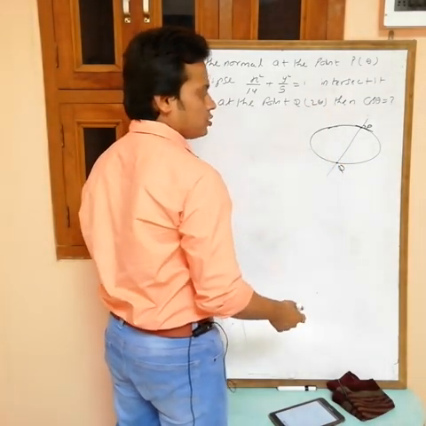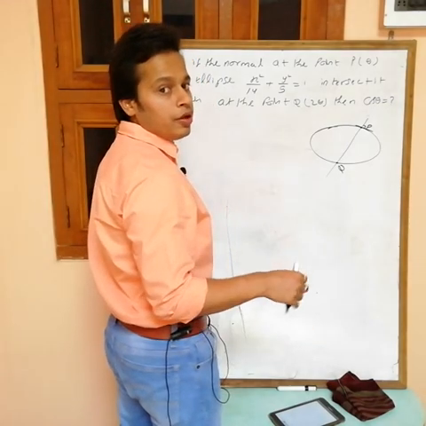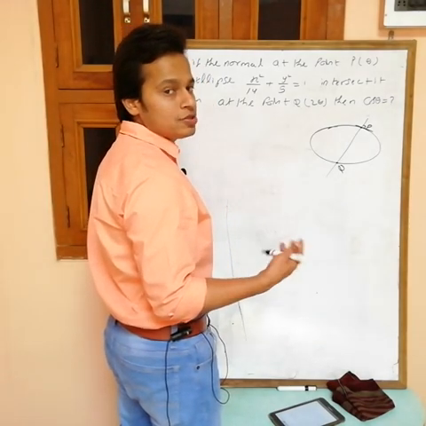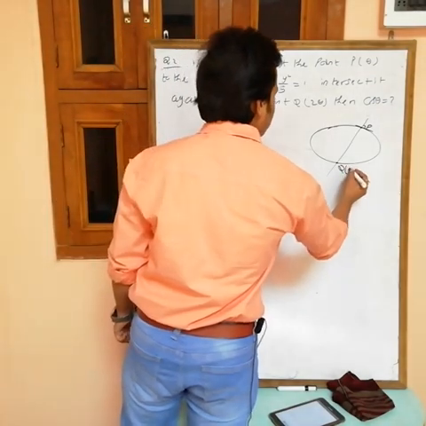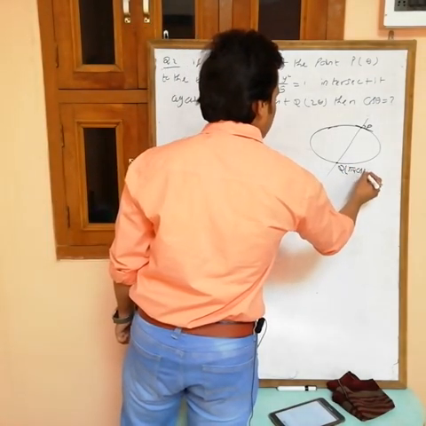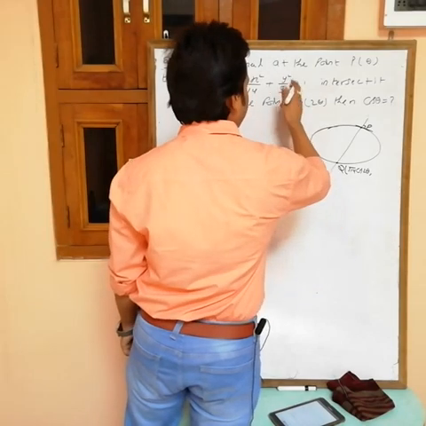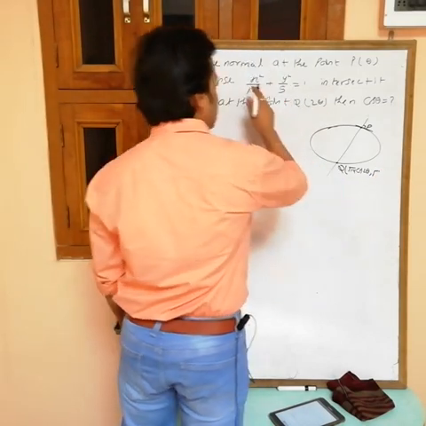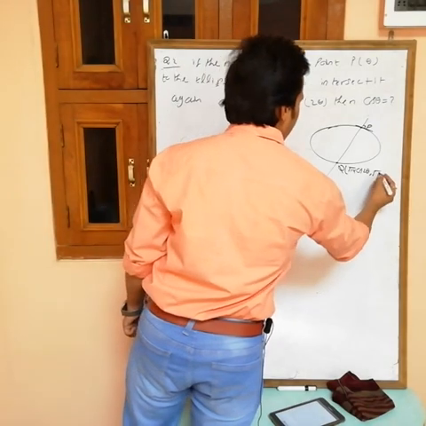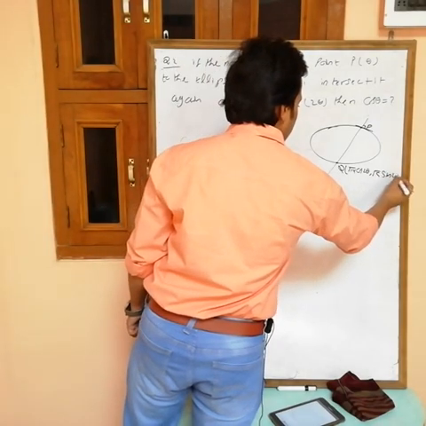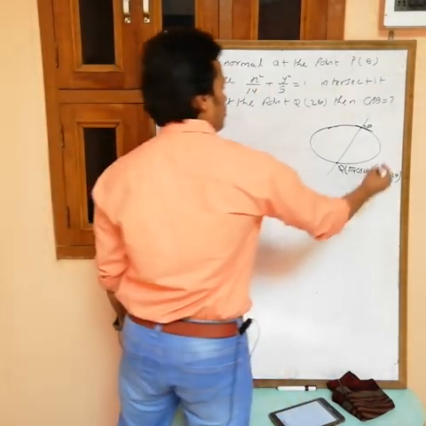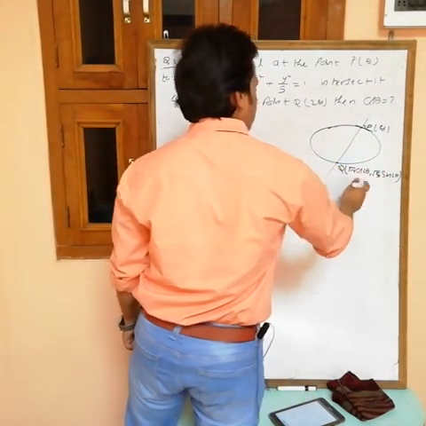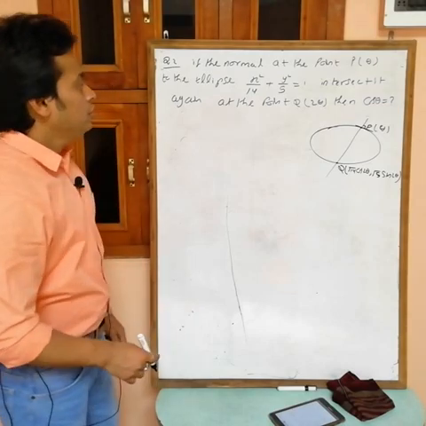Then this point is a cos 2 theta, comma b sin 2 theta. Here a is root 14 and b is root 5, these are a square and b square. So Q is root 14 cos 2 theta, comma root 5 sin 2 theta. And P has parametric angle theta. Then find cos theta.